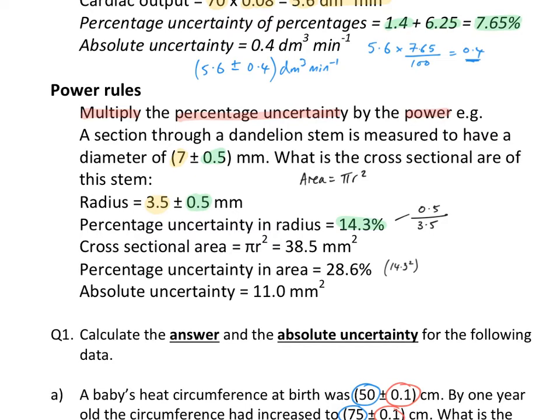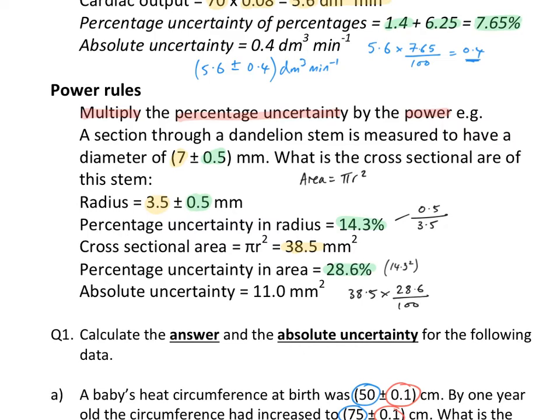So then how do I get to the absolute uncertainty? Well, this is when I just use my 28.6% uncertainty again, and we apply it to the total cross-sectional area that I've worked out, the 38.5. So it's 38.5 times by 28.6%.